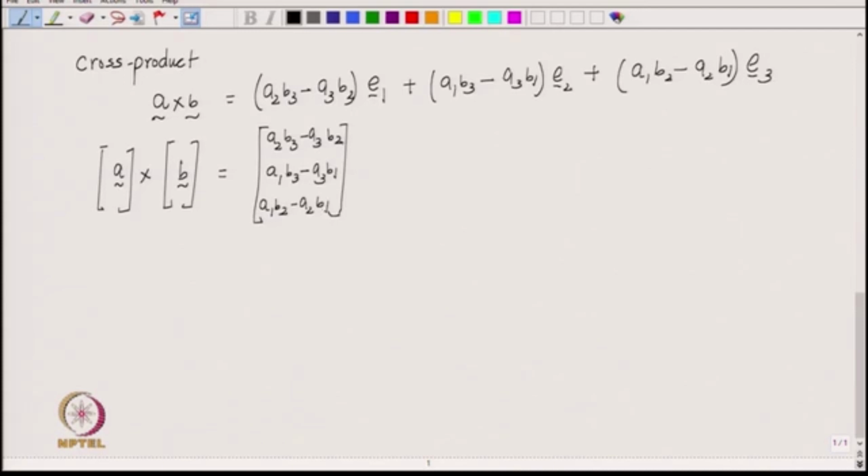Okay. The 3 components written in this column, this is something that you have seen.